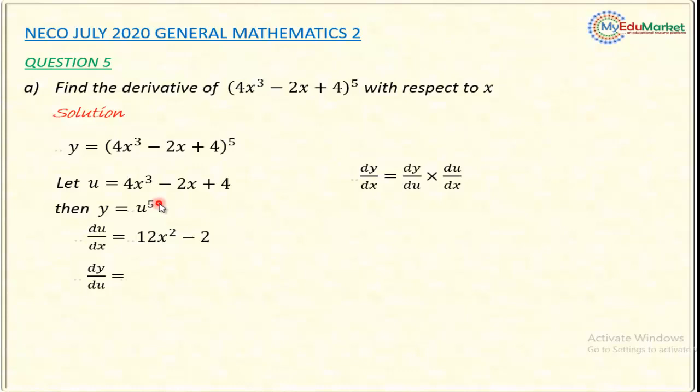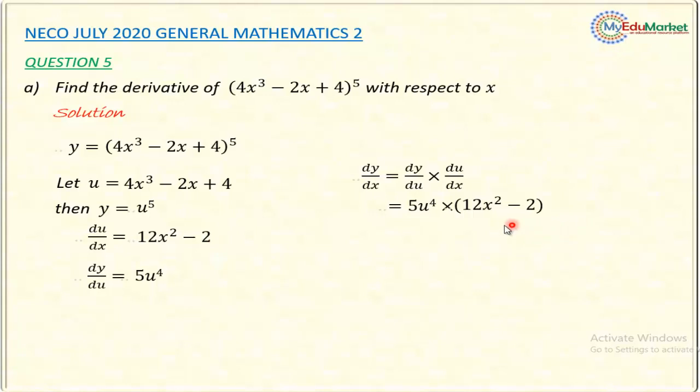So I'm going to have 5u raised to the power of 4. So I'm now good to go and substitute into the formula. I can now have dy by dx equal to dy du, which is 5u raised to 4, multiplied by du dx, and du dx is 12x squared minus 2.